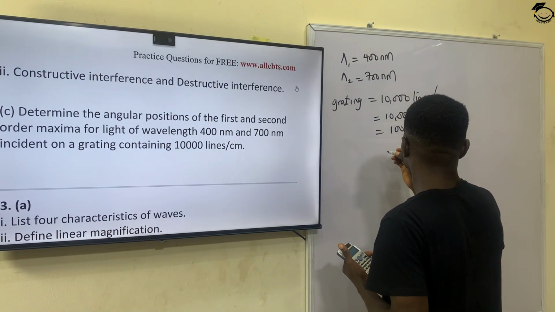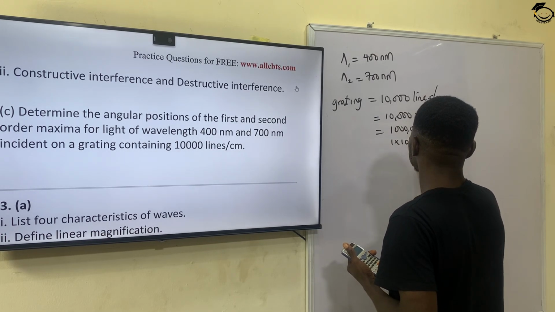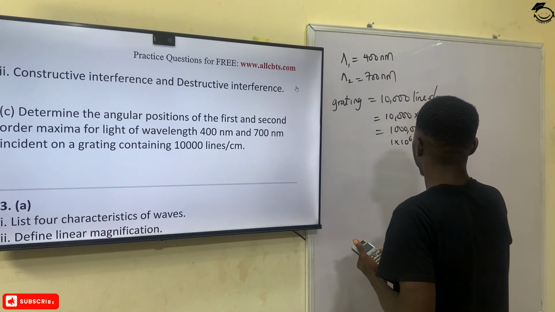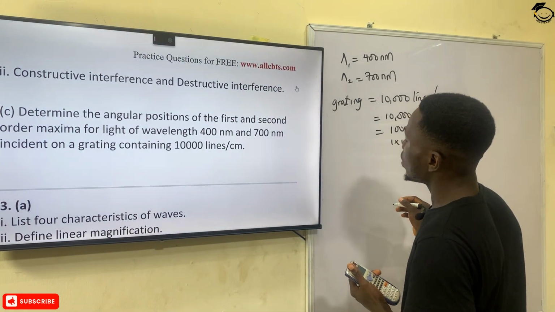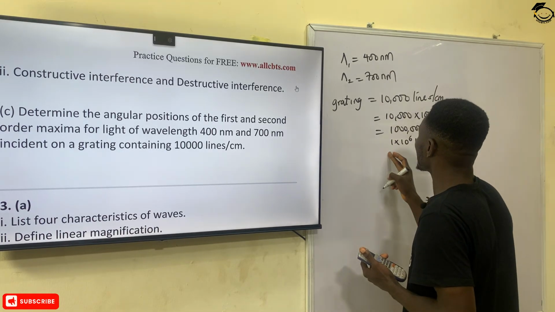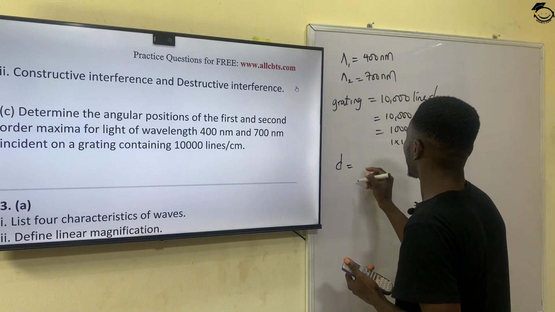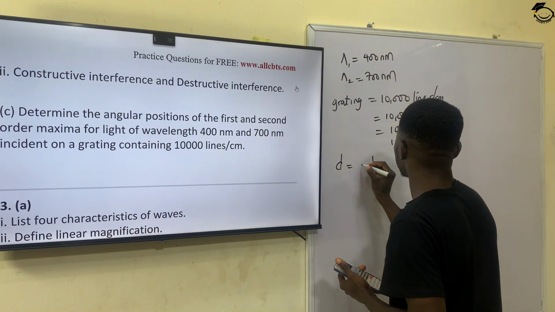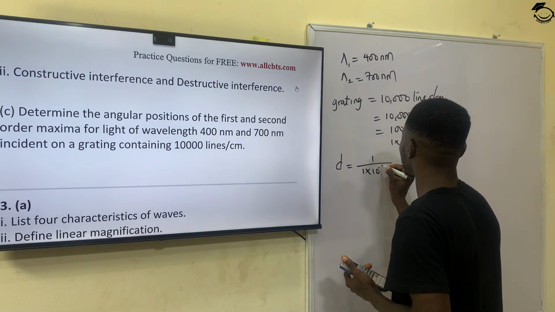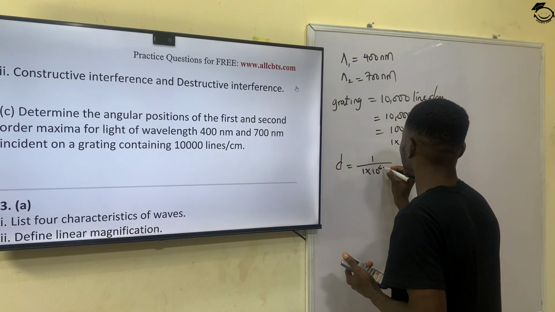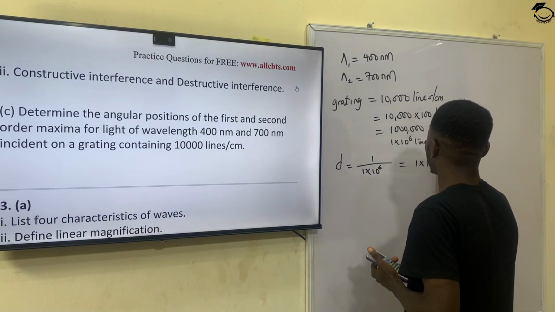You can write that as 1 times 10 raised to power 6 lines per meter. So we are asked to find the angular positions. First we are going to find our d, and our d here is 1 over our grating, which is 1 times 10 raised to power 6. So my d therefore is equal to 1 times 10 raised to power minus 6.